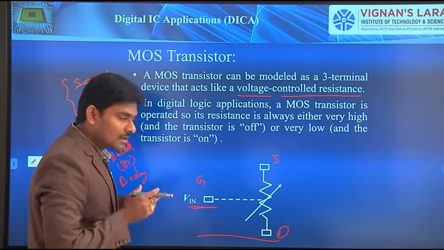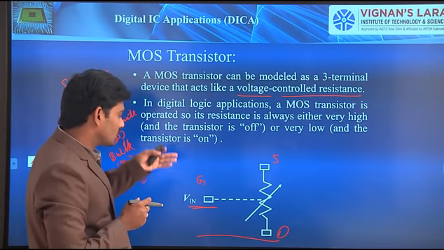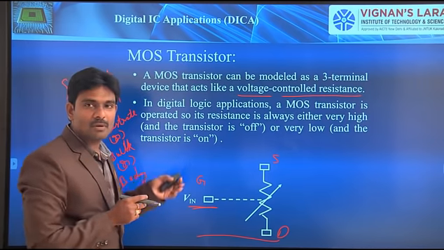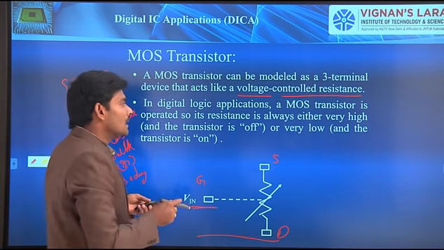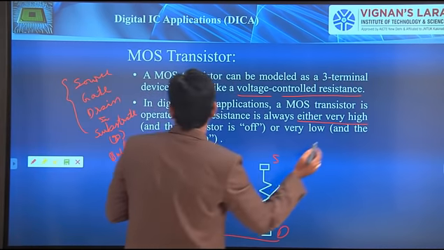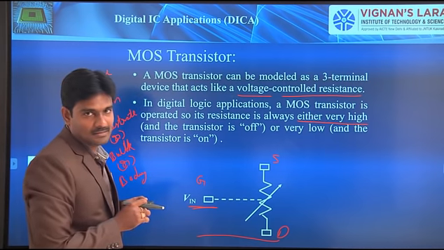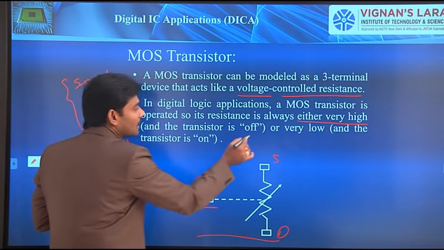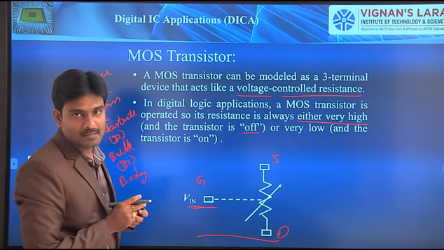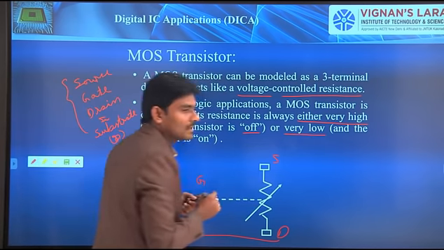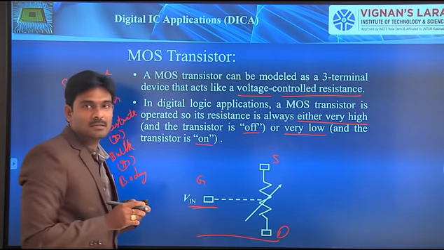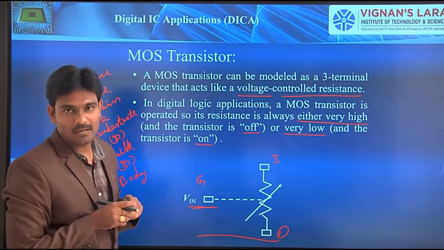And in digital logic applications, the MOS transistor is going to operate in two modes. One is where it has very high resistance; that state you can consider as the off state. And the second is where the resistance is very low; that you can consider as the transistor being in the on state.